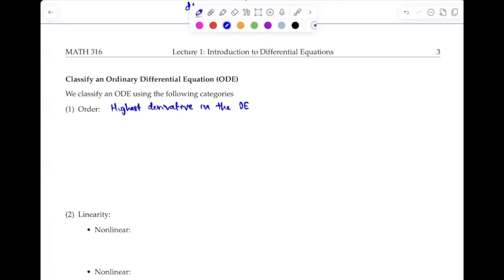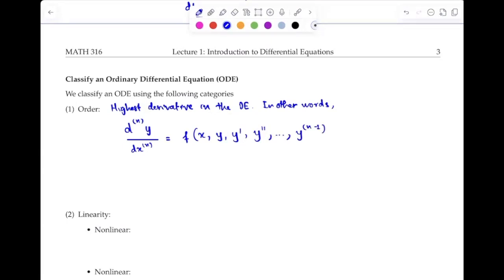Mathematically, you can write d to the power n y over dx to the n is equal to f of x, y prime, y double prime, dot dot dot, up to y to the n minus 1, indicating the derivatives.